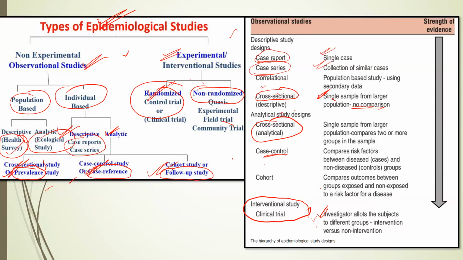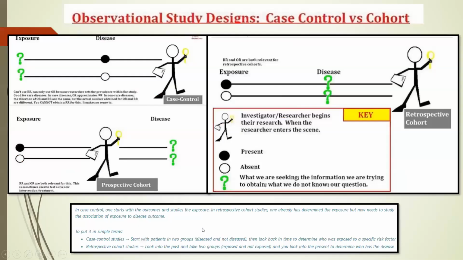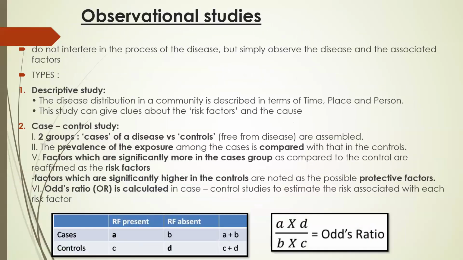And then you're comparing the risk factors, but in cohort, you're not comparing the risk factor, but you're comparing the outcomes. Okay, so cohort is basically a forward study, whereas case control study is a backward study. But in cohort, again, you have two types. I have put that in a flow chart, so this is the one which I want you all to actually remember. Okay, before going to that, let's talk about the definitions of each.